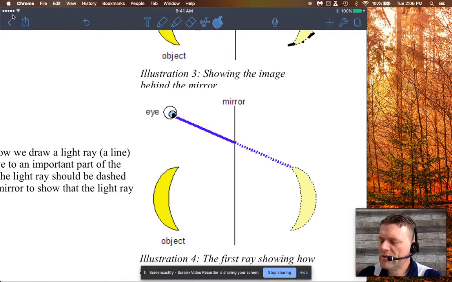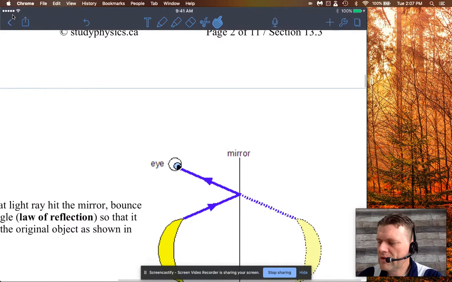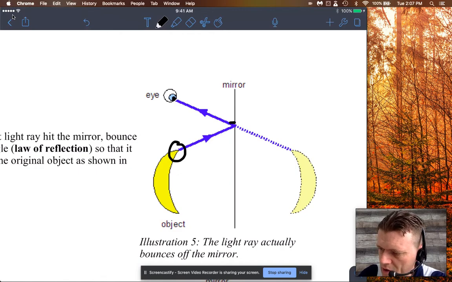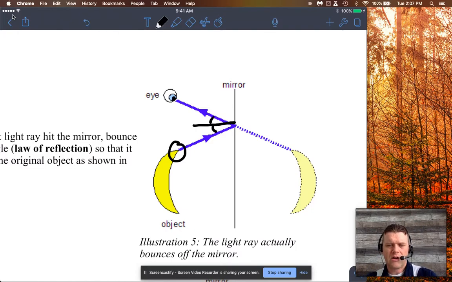So you can see if you're looking at the mirror, you would see the object through the mirror in that plane, but the ray of light that is entering your eye actually came from this point right here on the object, went to the mirror, and then, we're not going to do this a lot, but I'll mention it, see, there's the normal. So then we have the angle of incidence and the angle of reflection right there. And that light ray would bounce off the mirror and go into your eye.